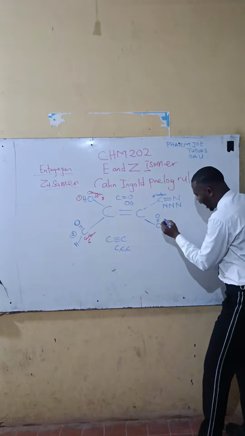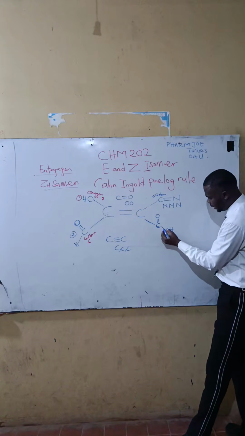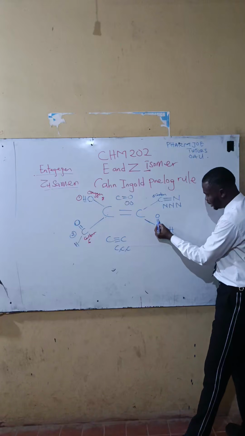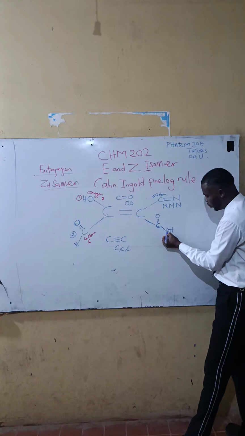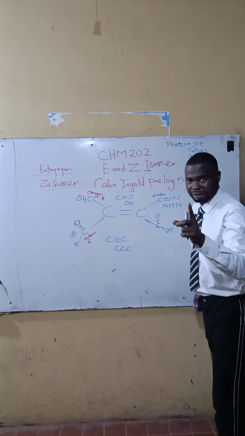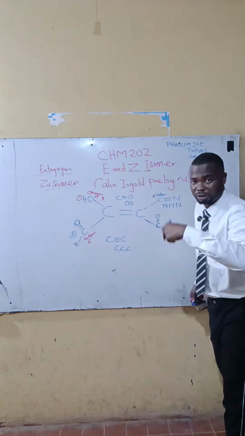So what are the elements that are directly attached to this carbon? Who can pay attention to that? We can see that it's directly attached to O, and it's a double bond O. So we have a single bond O and a double bond O. Anytime you see a double bond to a particular element, what did I say? The element will be doubled. Triple bond, it will be tripled.